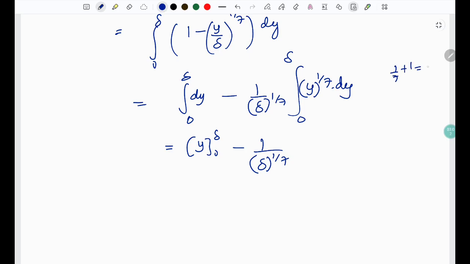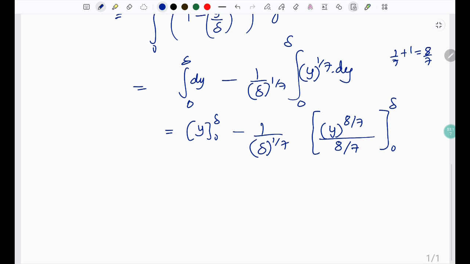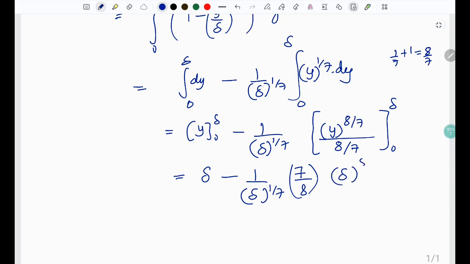You'll simply have y from 0 to delta, minus y to the power 1/7 plus 1, which is nothing but 8/7, so it will be y to the power 8/7 over 8/7, from 0 to delta. That will give me delta minus 1 by delta to the power 1/7 times 7/8 delta to the power 8/7.